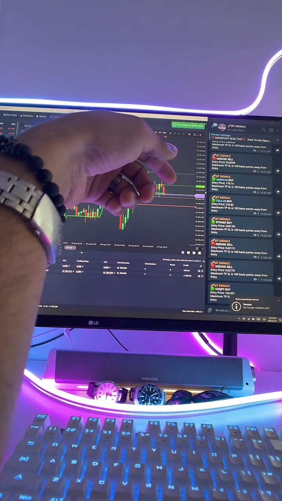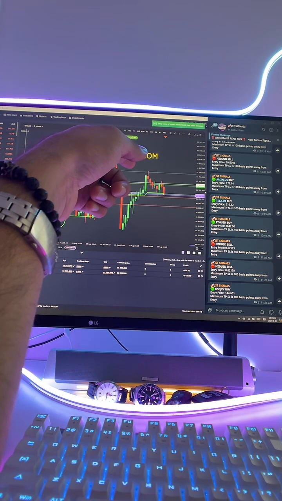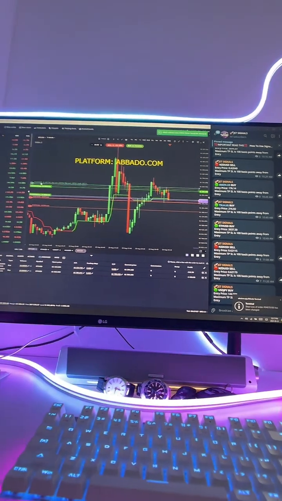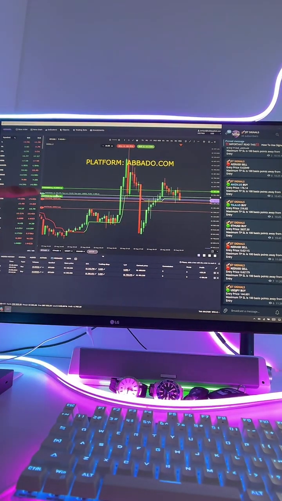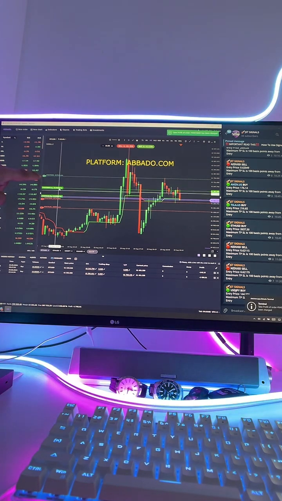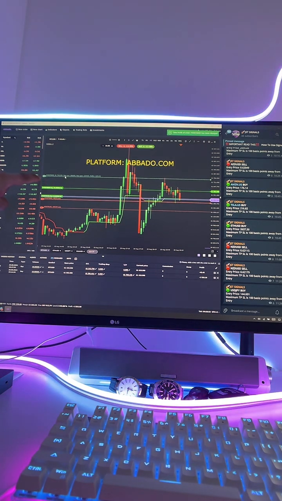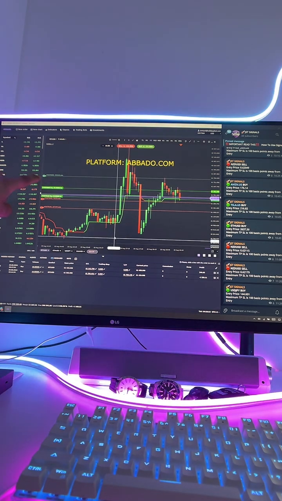I'll set my stop loss and take profit right here. Setting my stop loss, and I'll set my take profit. You guys know I just click and drag my entry up, and that's where I'm going to set my take profit for $2,000. And this one I'm also going to set for $2,000. There we go.